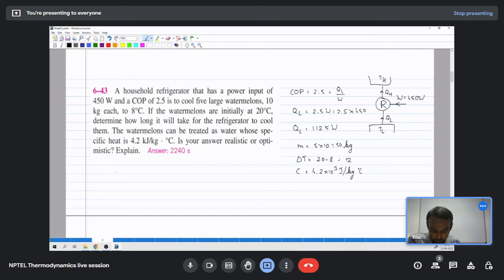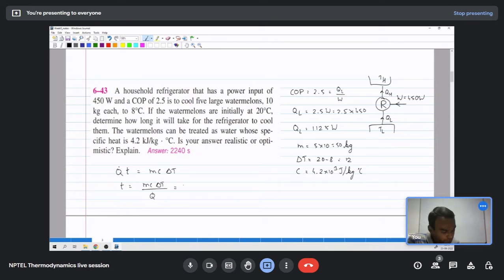So now we have Q dot into time is equal to MC delta T. So time is MC delta T divided by Q dot.